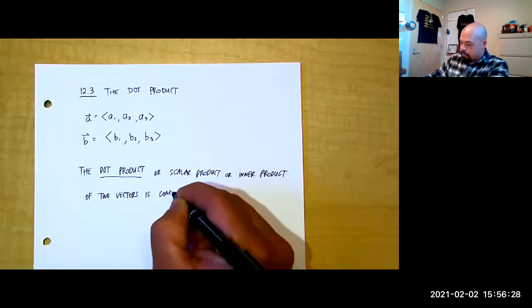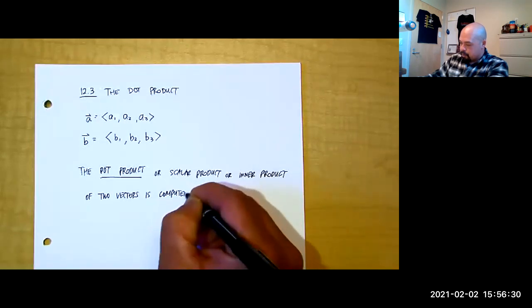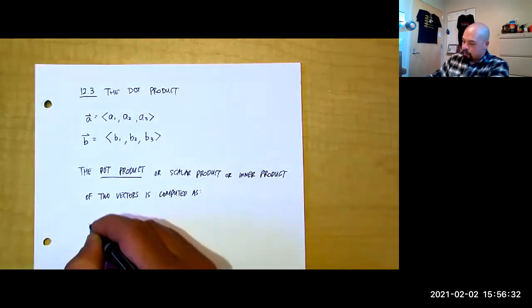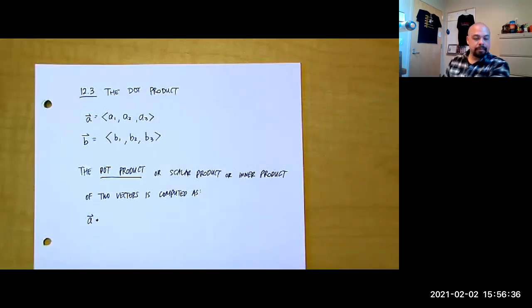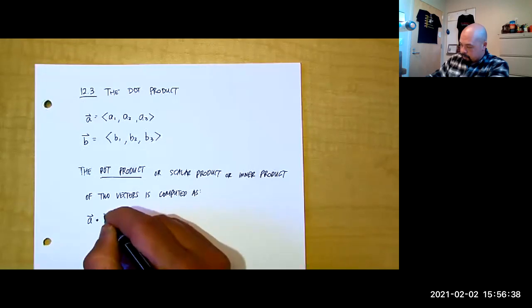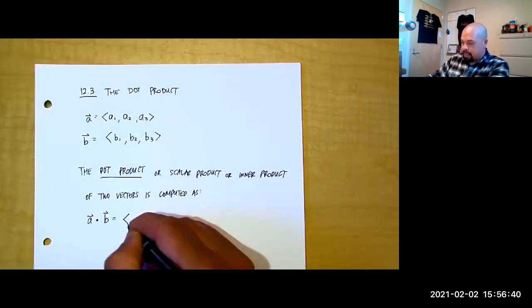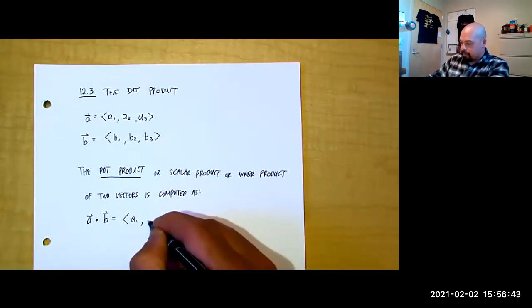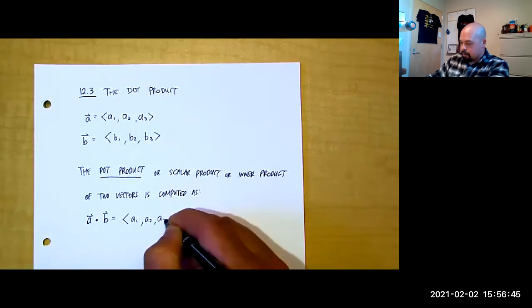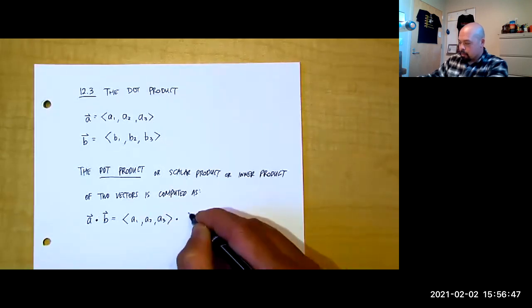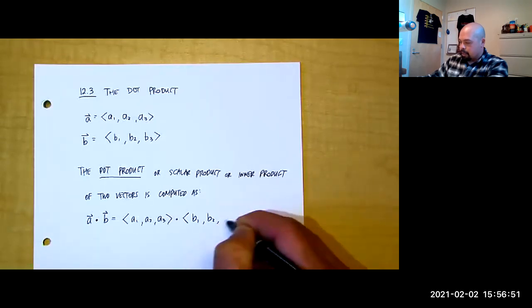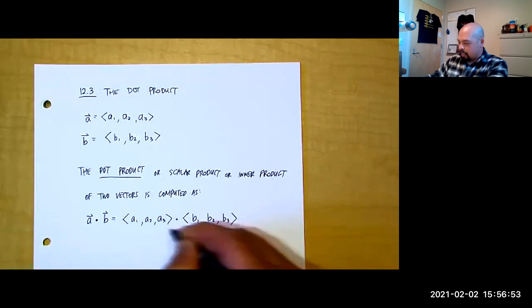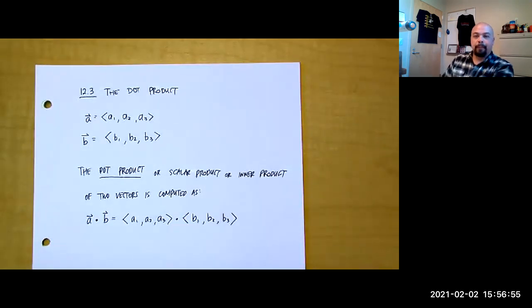is computed as the following. If I'm taking A and dotting it with B, dotting these two vectors, so not necessarily a simple multiplication dot, I'm just trying to make it a little more emboldened.